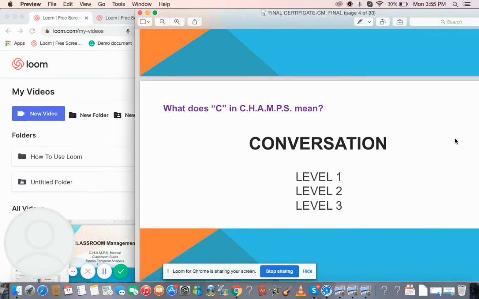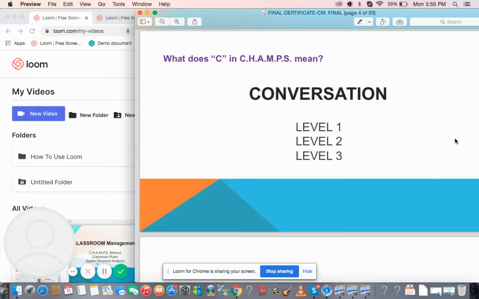Level 2 means they can talk with a partner. It's a partner activity, with two people involved. Then level 3 means it's group work, where three or more people are allowed to talk. So this is the C under the CHAMP method.